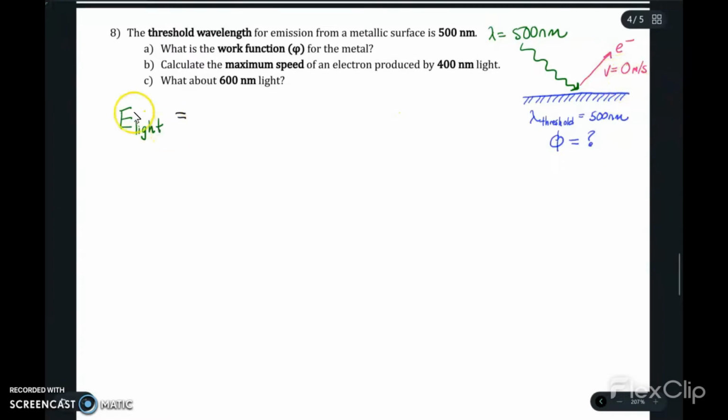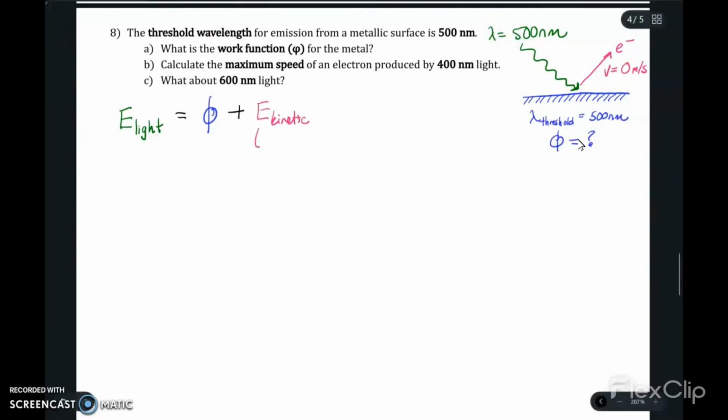So if the energy coming in from the light represents all the energy we have available, and that energy is going to go into these two pieces, the work function and the kinetic energy, then really what we're saying is that the energy of the light is equal to the work function plus the kinetic energy that the electron's going to have if there's energy left over.